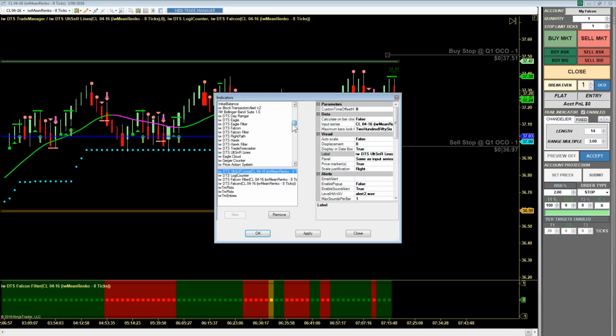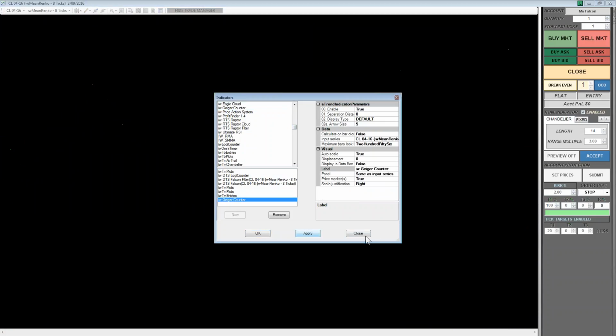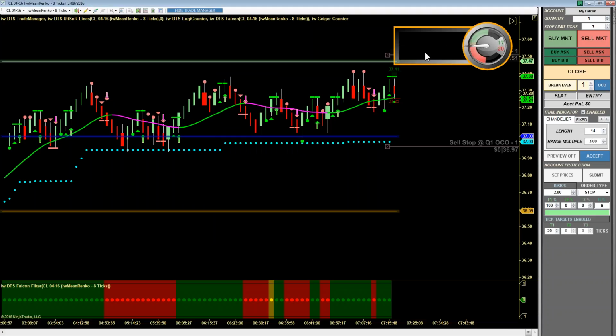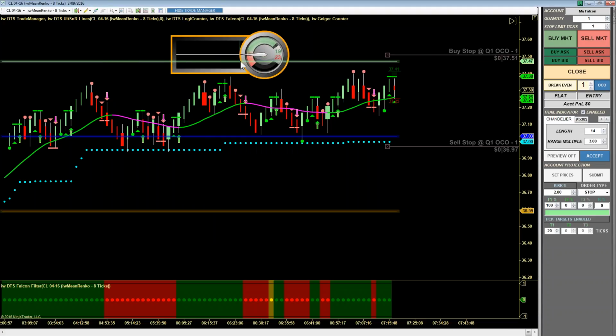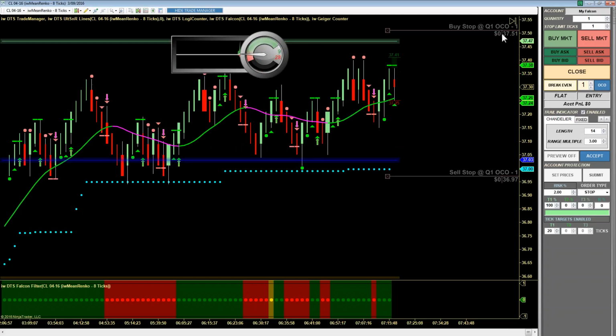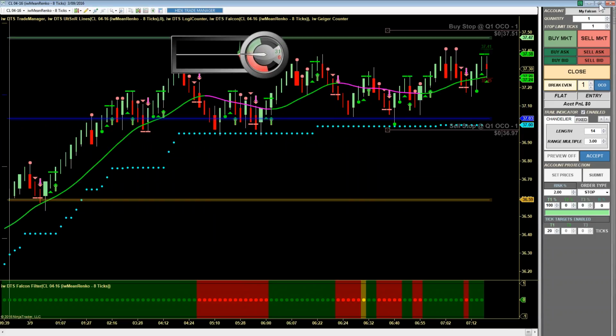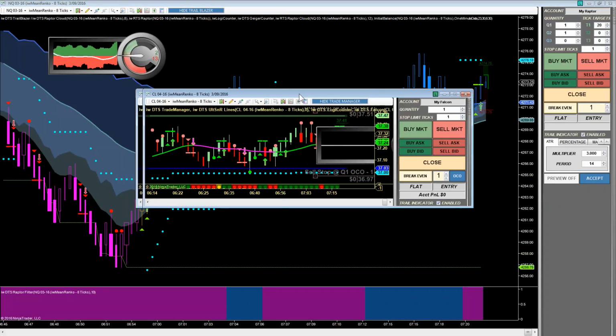So let's throw the Geiger counter on here also, so that we can watch the time and sales unfold. And we still have about 10 minutes before the inventory report is released, so we may come back to this one. Let me just take that out of the way for the moment.